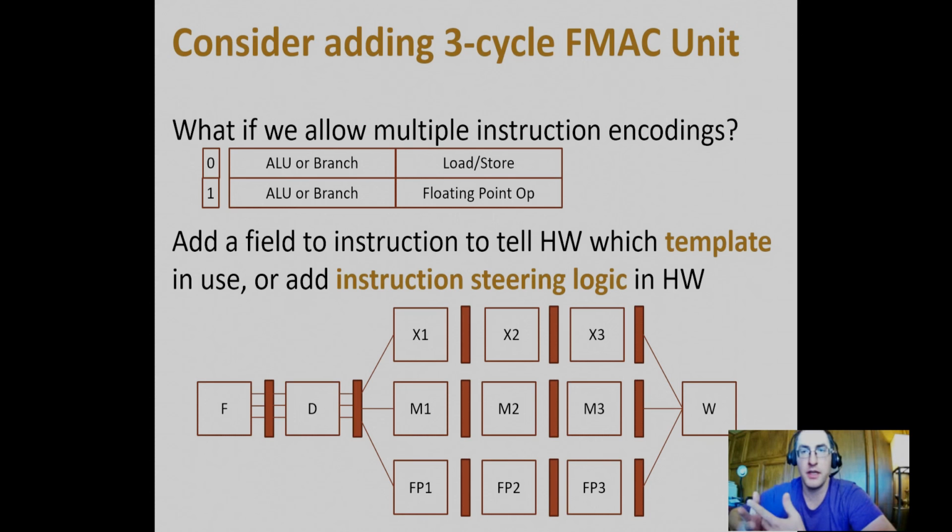The hardware is providing some of this instruction steering, and the compiler is assigning those so-called template bits. The template tells the hardware which issue packet template it used to put the instructions into the issue packet.